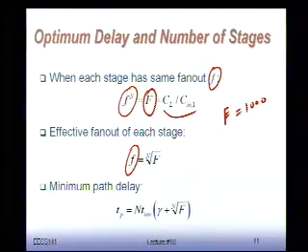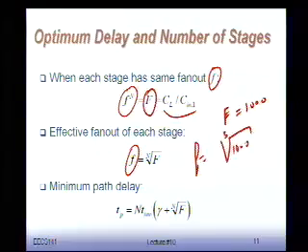Means somewhere I have an input capacitance of 1 femtofarad, and I'm trying to drive a capacitance of 1 picofarad. And let's assume that I'm going to use 3 stages between the input and the output. Let's say 3 inversions. So small f in that case is going to be the third root of 1,000, which is equal to 10.